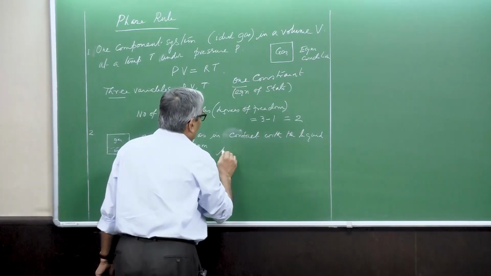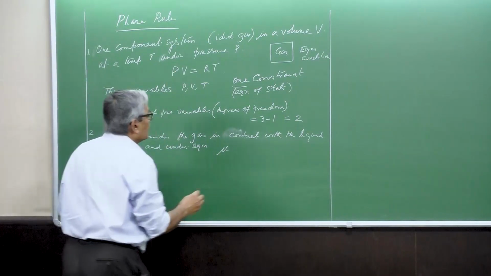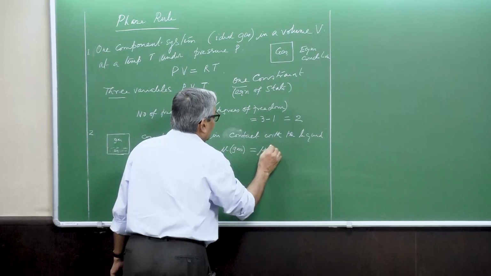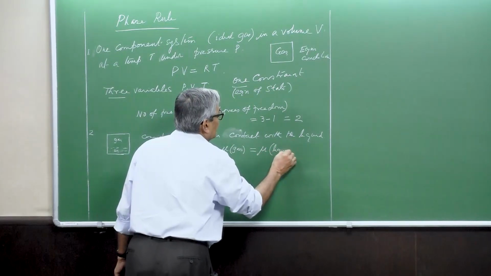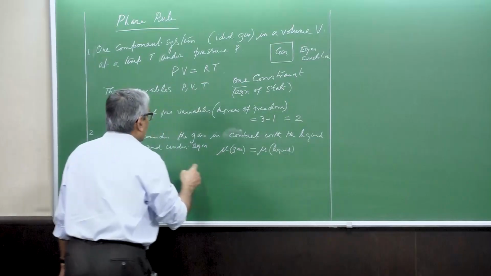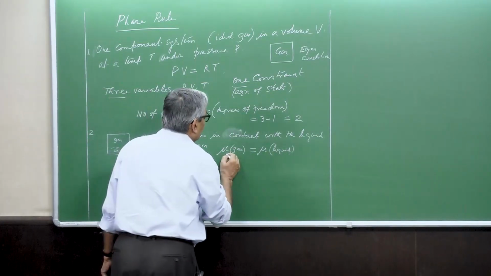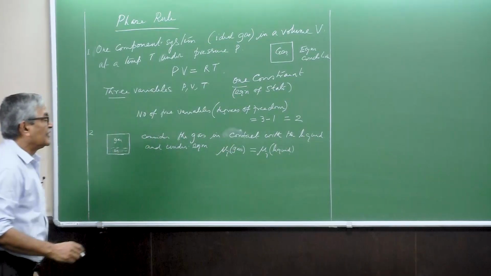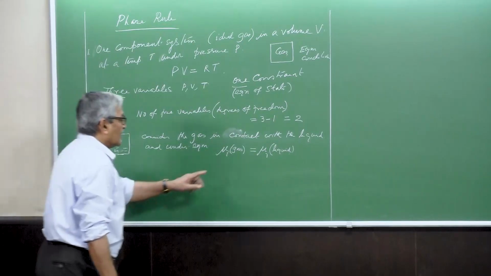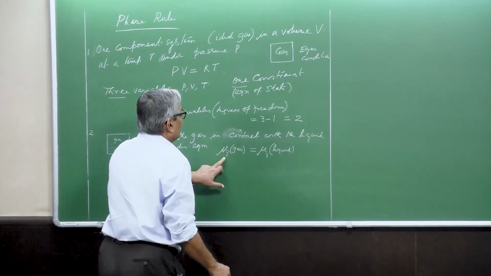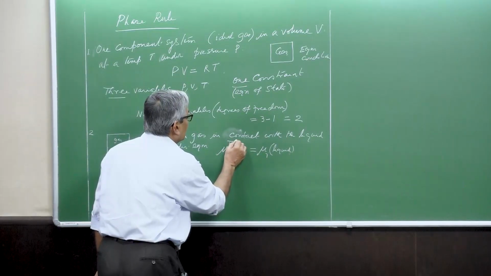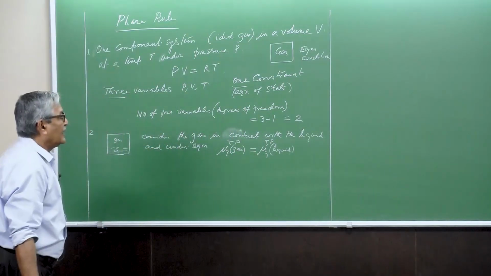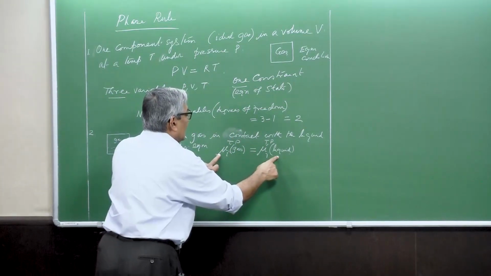This means that the chemical potential in the gas phase is equal to the chemical potential in the liquid phase for the component, say the ith component. And mu is a function of T and P. So this actually acts as a constraint.